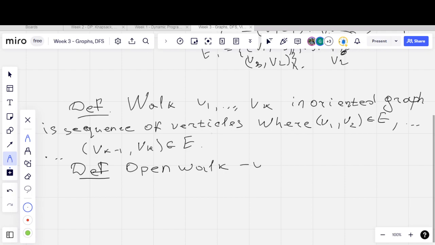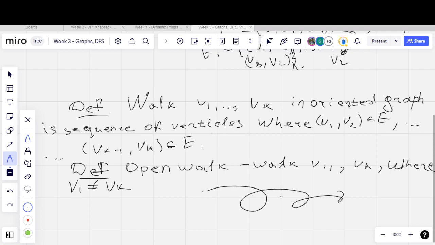It's a walk v1, and so on vk, where v1 is not equal to vk. For example, if you have some walk in the graph, these two vertices are not equal.